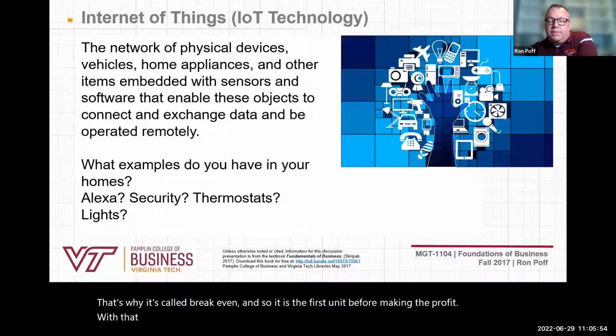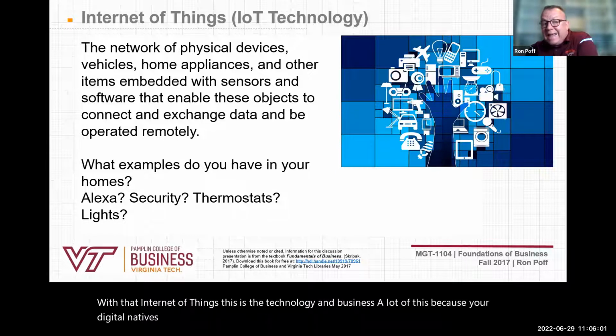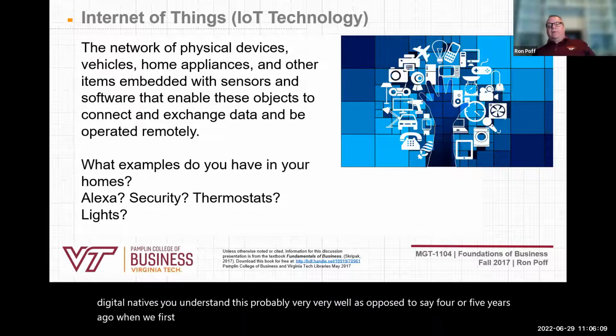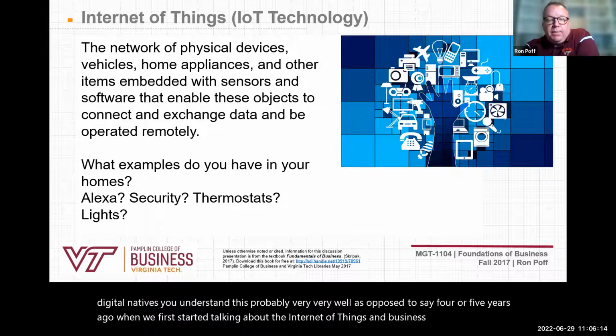Internet of Things, this is the technology and business. A lot of this, because you're digital natives, you understand this probably very, very well. As opposed to say 4 or 5 years ago when we first started talking about the Internet of Things and business technology.